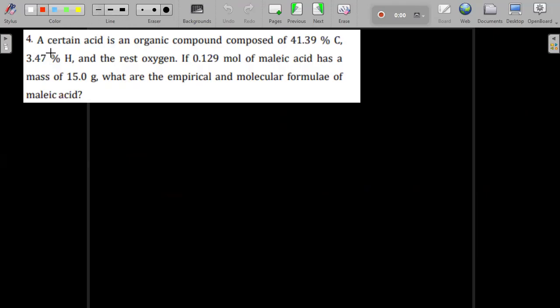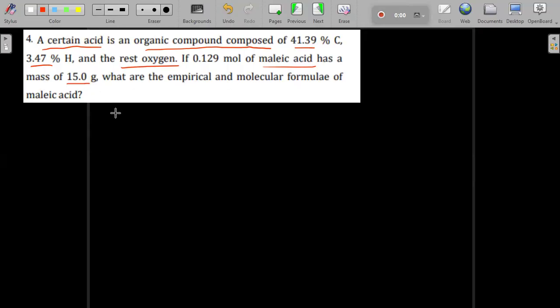A certain acid, an organic compound, is composed of 41.39% carbon, 3.47% hydrogen, and the rest is oxygen. If 0.129 moles of this acid has a mass of 15 grams, what is the empirical and the molecular formula of this acid?